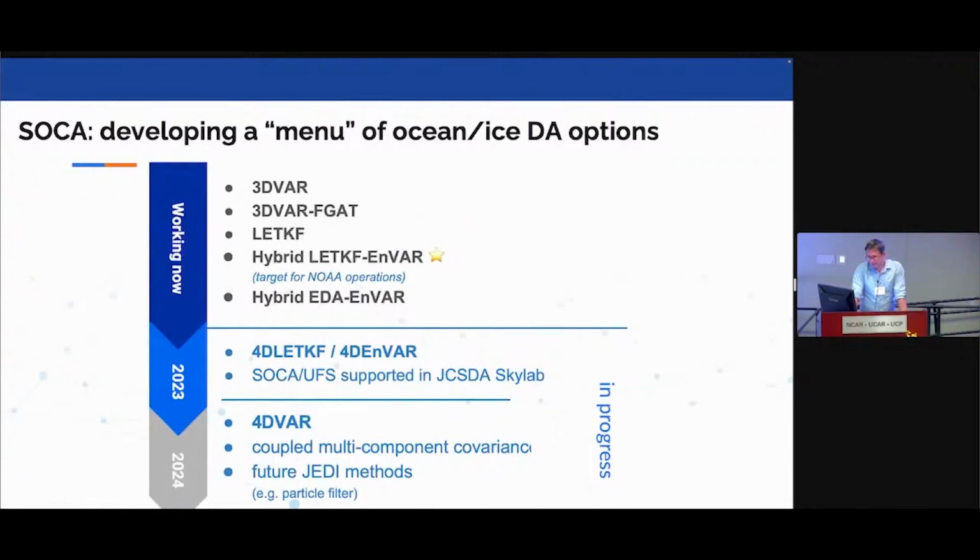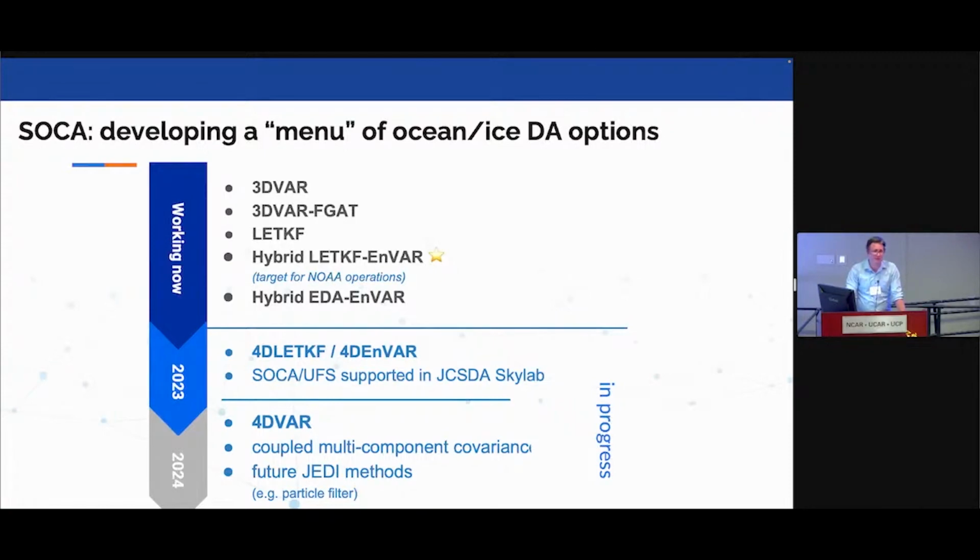So like I said, one of our top goals is to develop a menu of DA options. Ocean DA traditionally has lagged behind the atmosphere. A lot more resources are poured into atmospheric DA compared to the ocean. The most advanced ocean DA you would typically see operationally would be a 3D VAR at the top there.